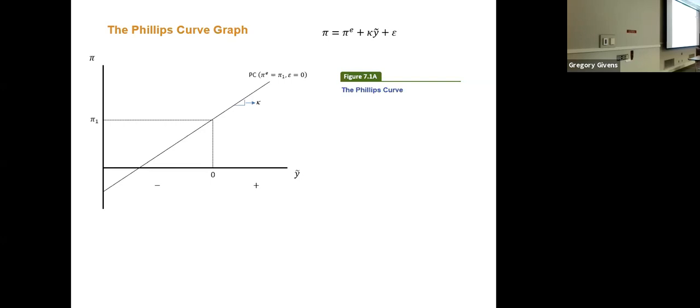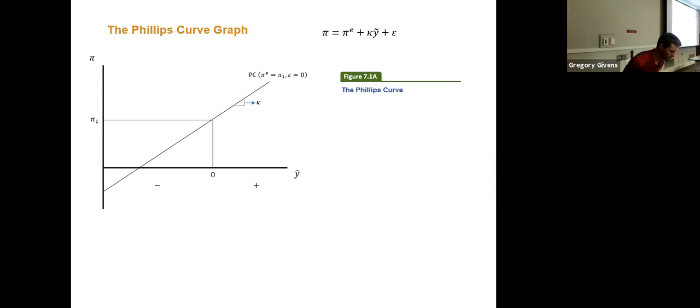In the next slide, we're going to talk about what happens when expected inflation changes or when there is a supply shock. You might already imagine that the position of the entire Phillips curve is going to start to shift, okay? Just like a change in income shifts the position of a demand curve in micro principles.